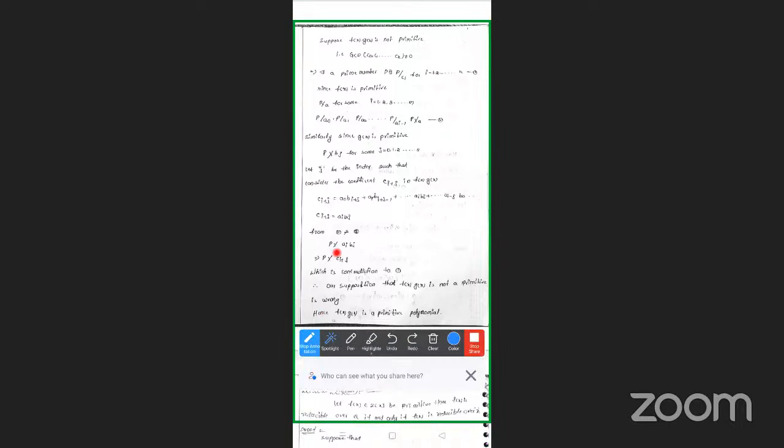From equation number 1 and 2, p does not divide a_i and b_j, because here p does not divide this coefficient a_i.